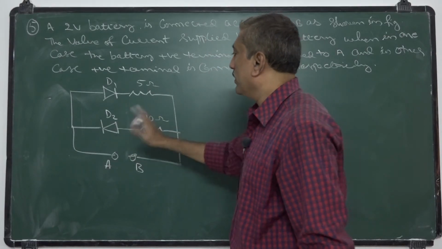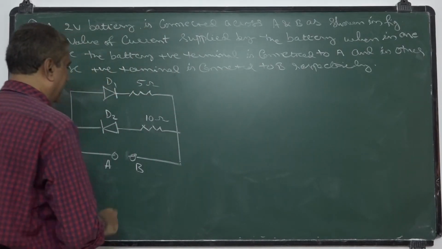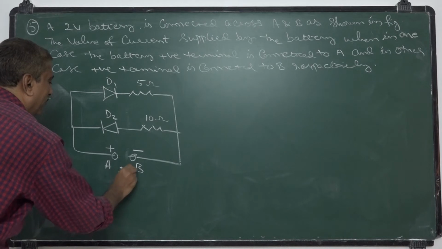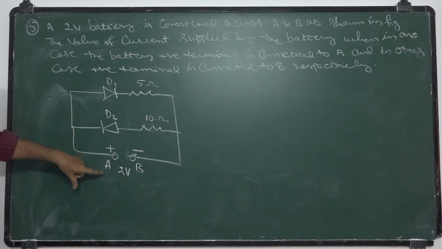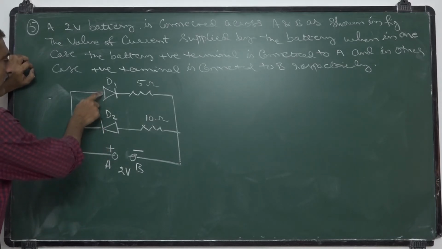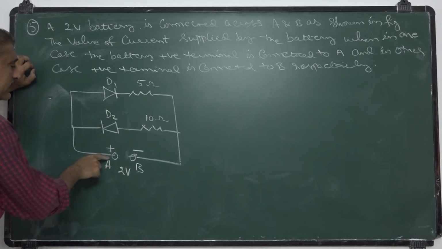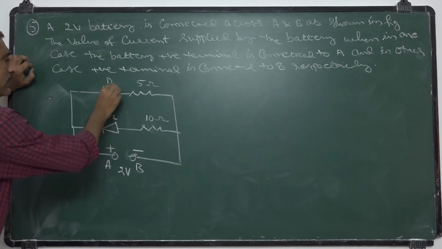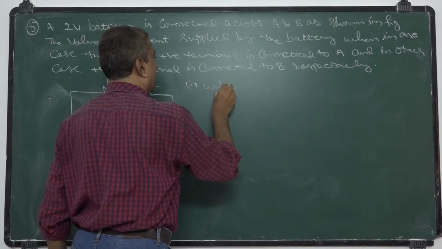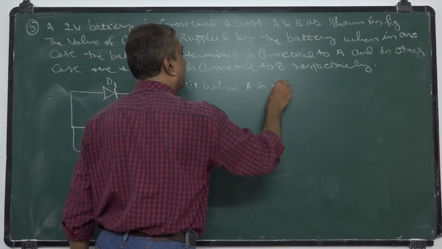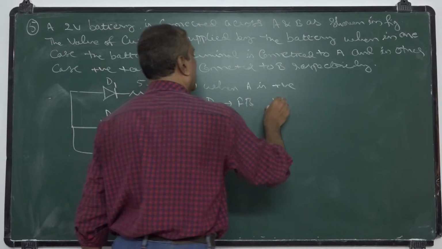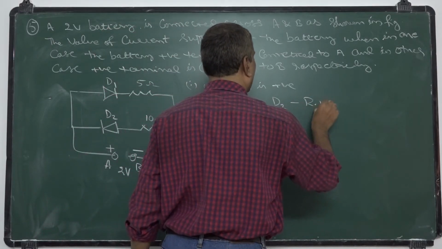Now we can write like this: if A is positive and B is negative, 2 volt, the first case. So in this case, if A is positive, this P is connected to plus and this N is connected to plus. So D2 is reverse bias, D1 is forward bias. Okay, first case, when A is positive, D1 is forward bias, D2 is reverse bias.